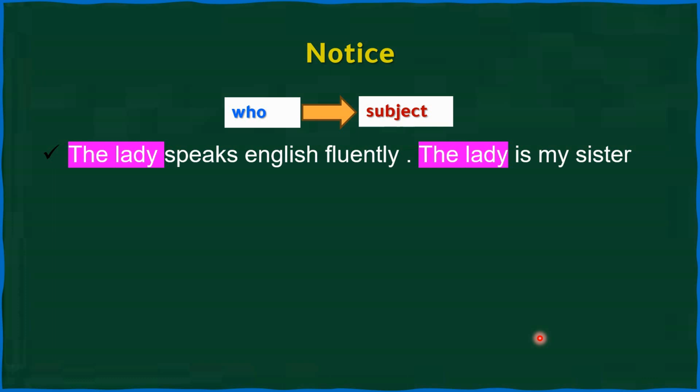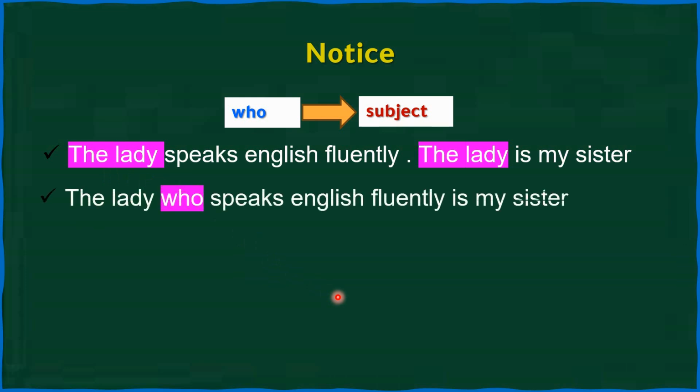The lady is my sister. The lady is the subject of the sentence, so we replace it with who and not which, because the lady refers to people. So, the lady who speaks English fluently is my sister.